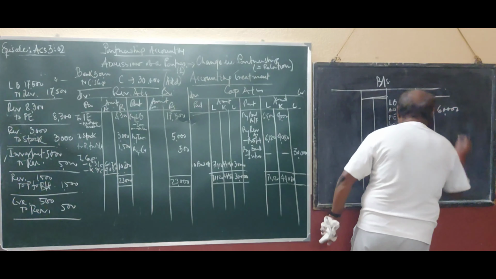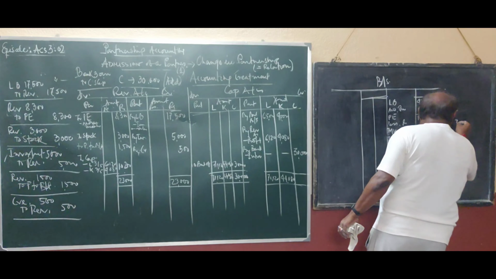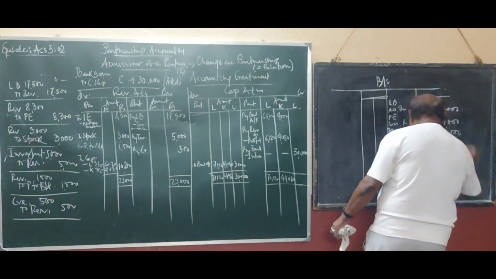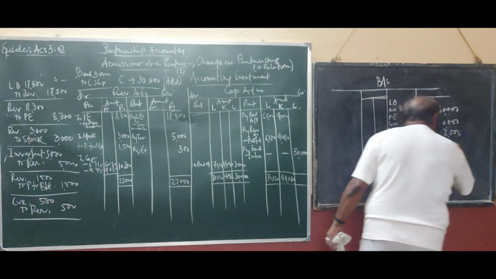Clear? Plant and equipments, it was 18,300. Okay. Now it has been reduced by 8,300. The new value is how much? New value is 10,000. Motor vehicles कितना है? 12,000 in the problem. Investment नया तरीका से आया है, इसको प्लेसमेंट किया है 5,000.